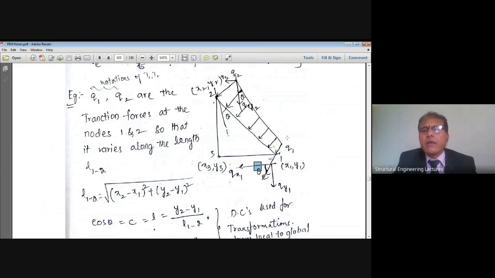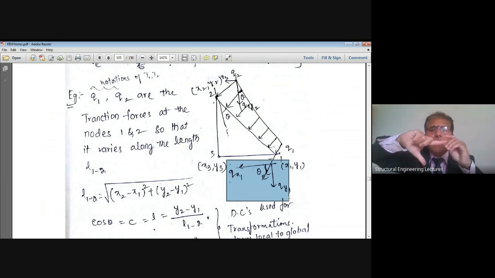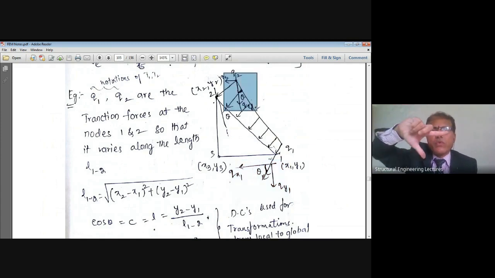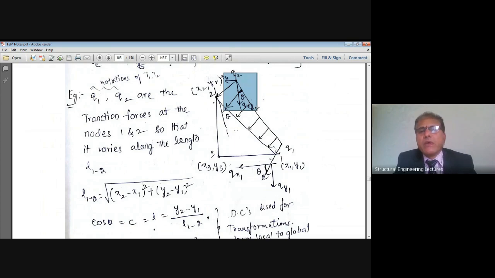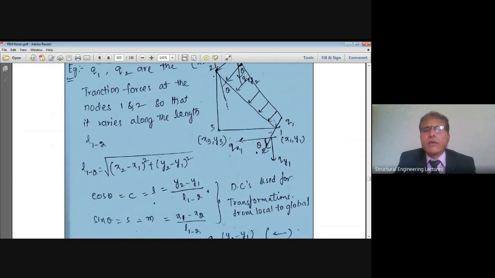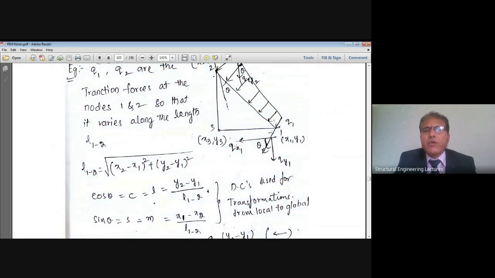Then I can resolve q1 into two components acting along the x direction as qx1 and qy1. Similarly, q2 can be resolved into qx2 and qy2 respectively, where qx1 is nothing but q1 cos theta and qy1 is equal to q1 sin theta.